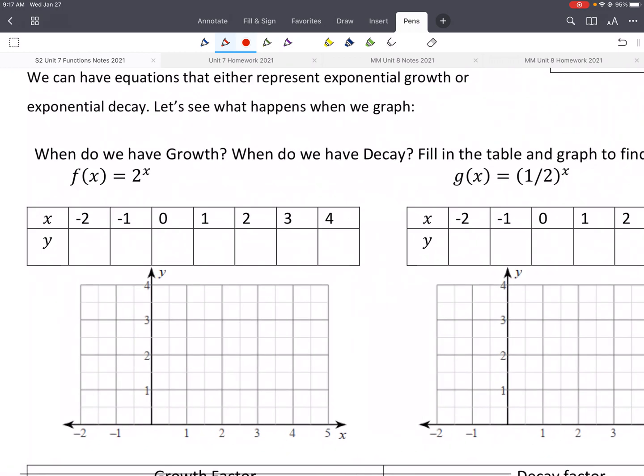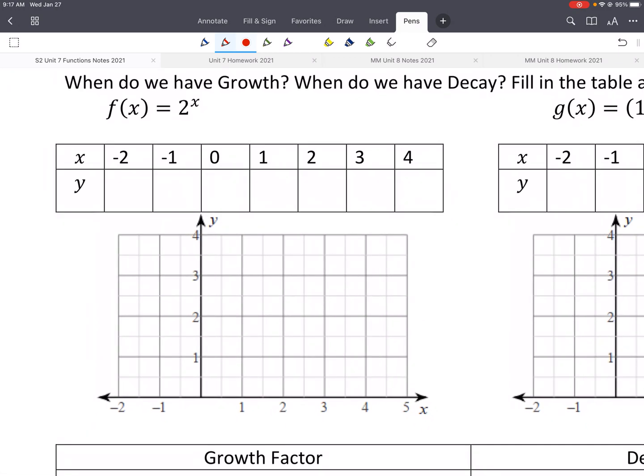So let's look at some of these examples. So here we have an exponential function where b, our base, is 2. So let's see what happens. Let's fill in this table and graph and see what it looks like. So if we plugged in x equals -2, you can do that on your calculator. You could even just graph this and use a table.